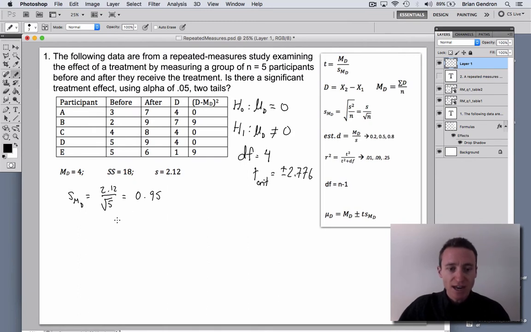And so now we can calculate our test statistic t to see if the difference we found, 4, is substantially larger than what you would expect by chance alone. So t is 4 divided by 0.95. And I'm getting 4.21.